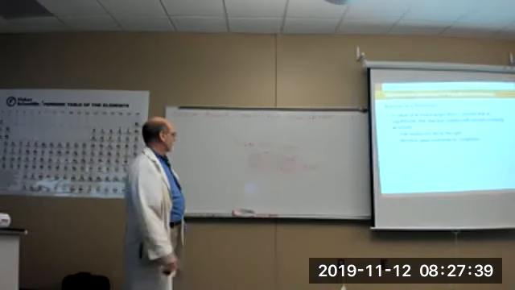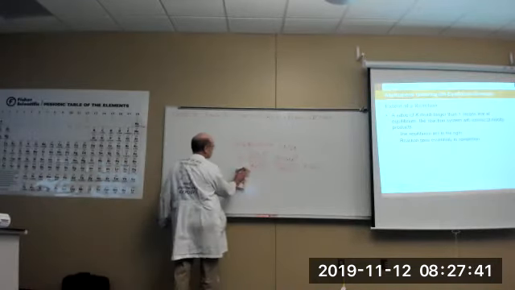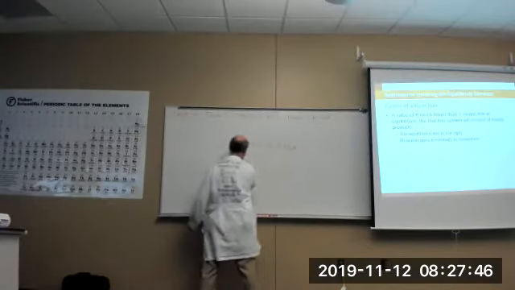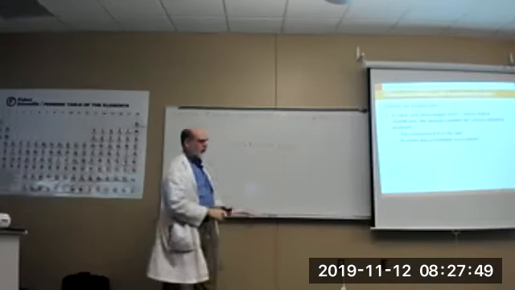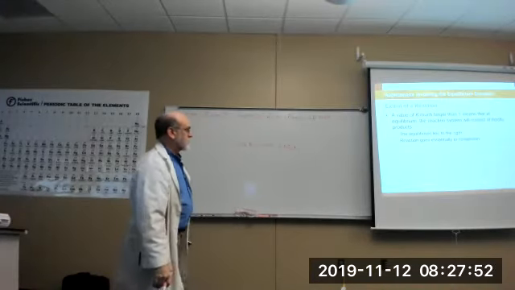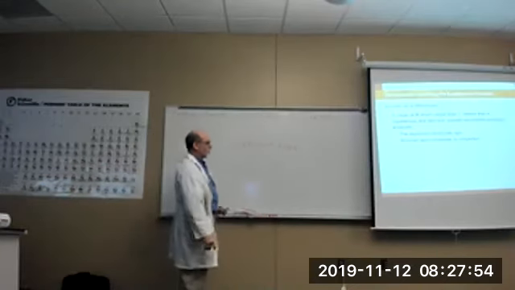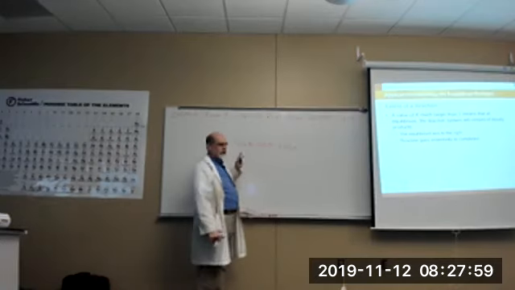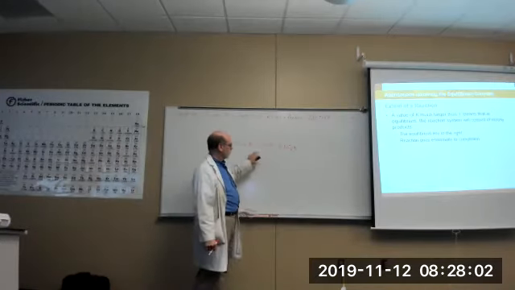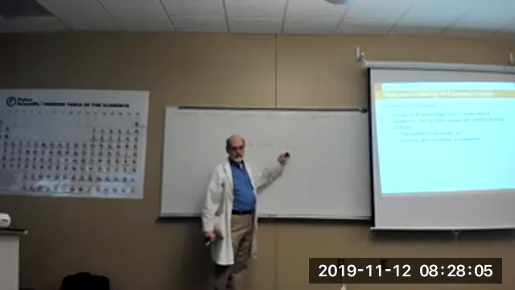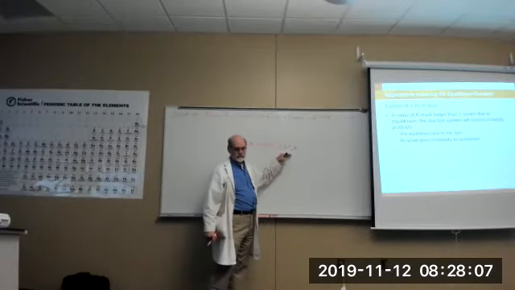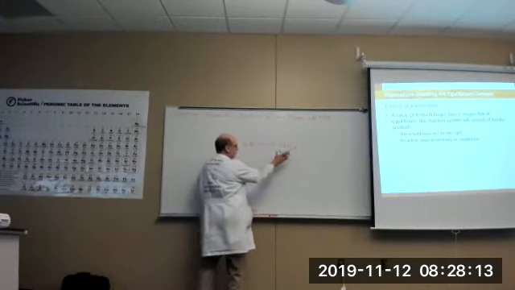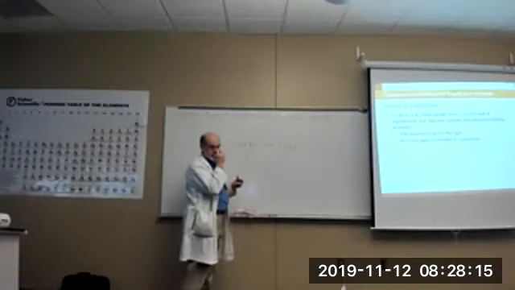Okay, so what else can we determine from the K value? Well, we can make some qualitative judgments. If the K value is extremely large, much larger than 1, what does that say about the equilibrium position of the reaction? It favors products, because products are in the numerator. So if products are in the numerator and the value is very large, that means this is large and this is small. Okay.